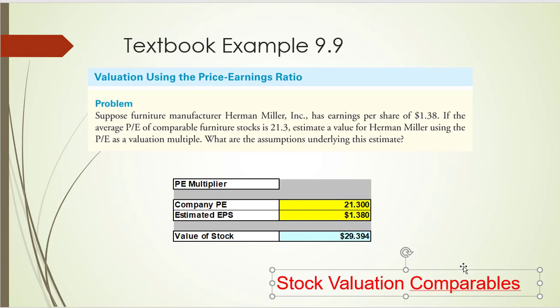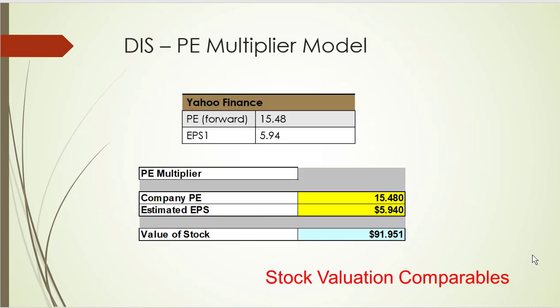So how would we use this for Disney? Disney's forward PE ratio is 15.48. We got that from Yahoo Finance. Its earnings per share next year is $5.94.